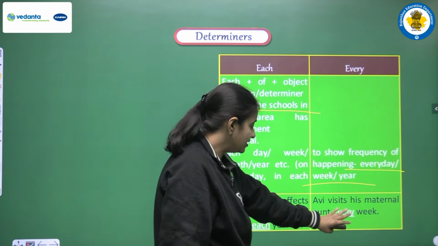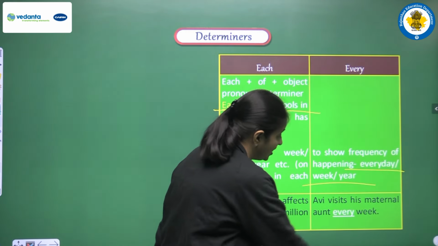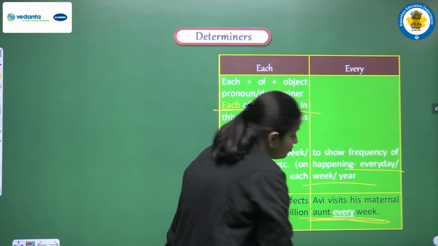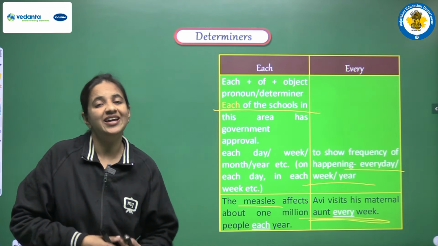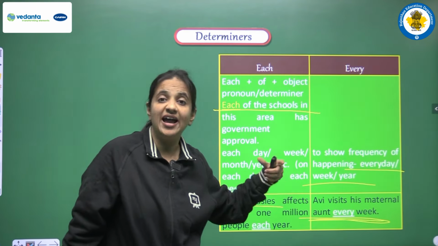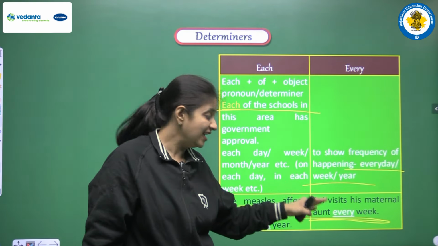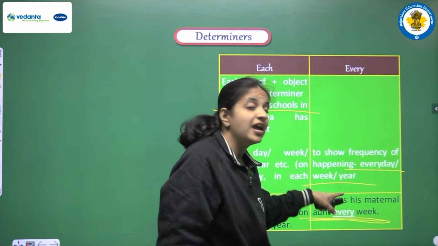And now in this sentence let's read, Avi visits his maternal aunt every week. So here we are talking about the frequency, right? हमें एक चीज जो कि frequently हो रही है, repeat हो रही है, बार बार हो रही है, so we are talking about that action. So we are saying that Avi visits his maternal aunt every week.